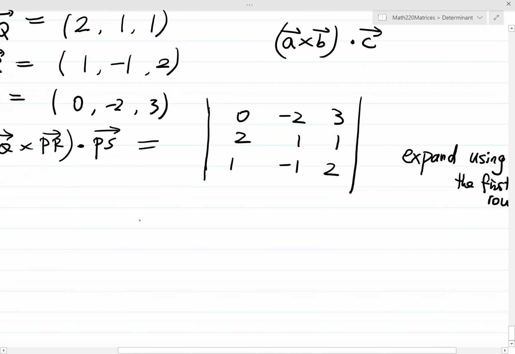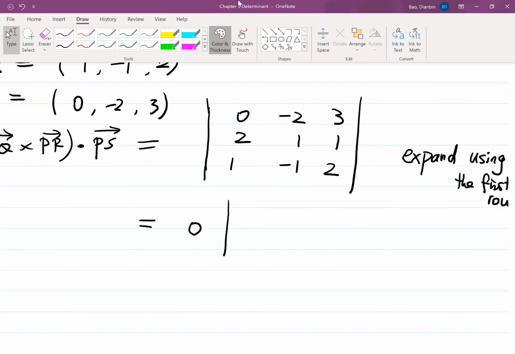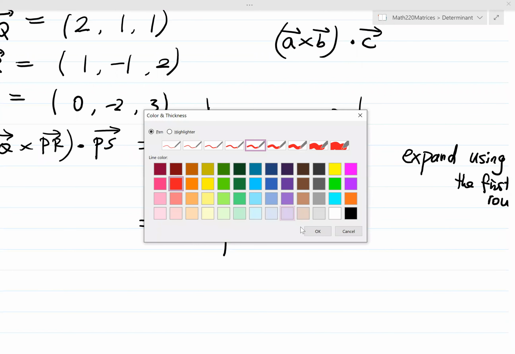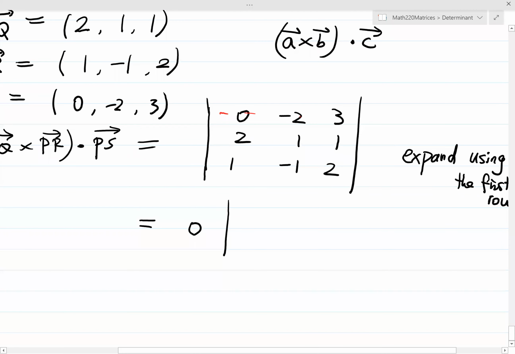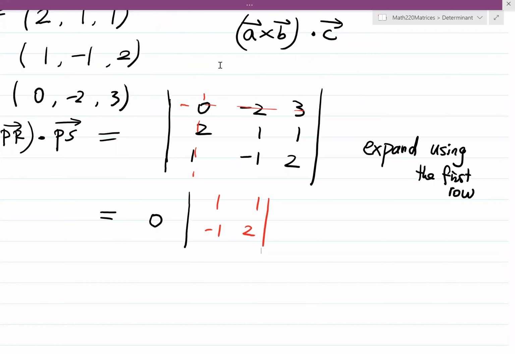So you first expand 0 times, cross out the row and column that has this 0. Let me use red to cross out. What is remaining is 1, 1, -1, 2. Now for the second entry, -2, it is in the first row, second column.